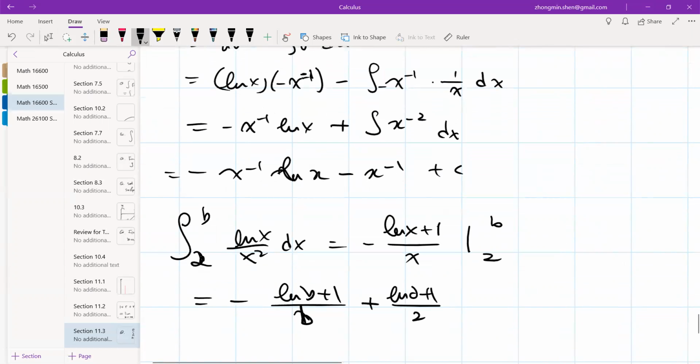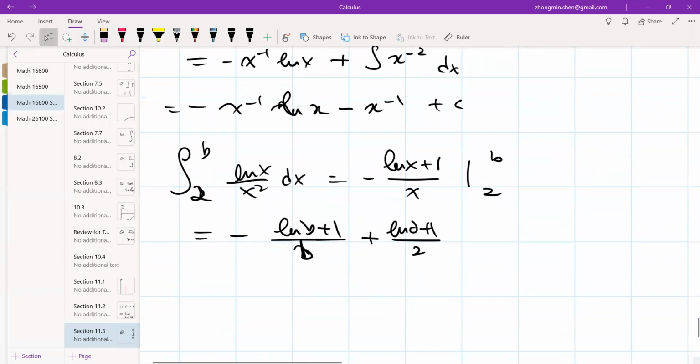Okay. So clearly the first term converges to 0. So this converges to 1 plus natural log of 2 over 2 as b goes to infinity. All right, so that should be convergent. So we get this answer.